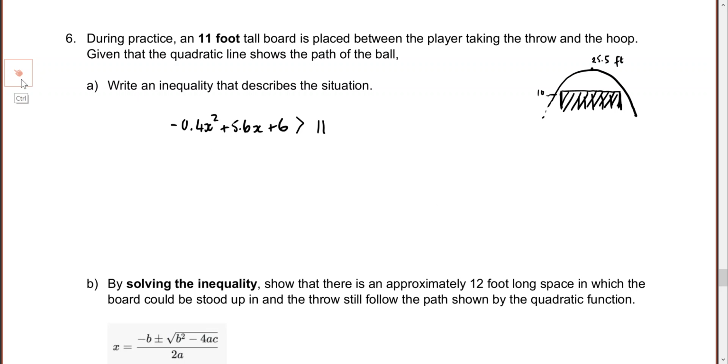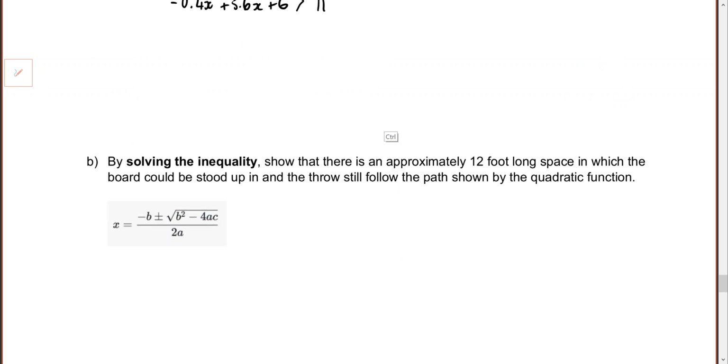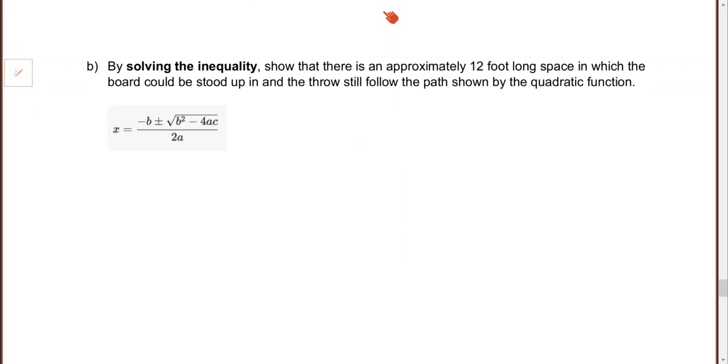That's why in part B, I have said by solving the inequality, show that there is an approximately 12-foot long space in which the board could be stood up. So that's that region somewhere between the hoop and the player.